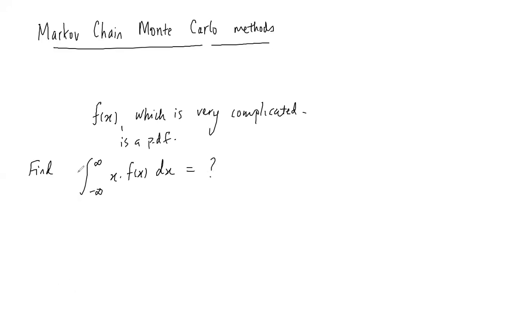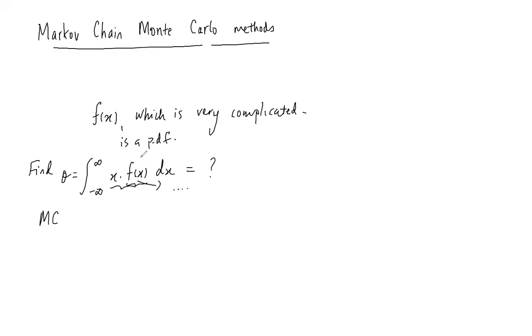Of course you might think that we can use the Monte Carlo methods that we learned, depending on what this is, using all those tricks. This is basically just an integral; you just think of this as an integral. But this f(x) can be very complicated, so those methods that you learned may not be that easy to implement.